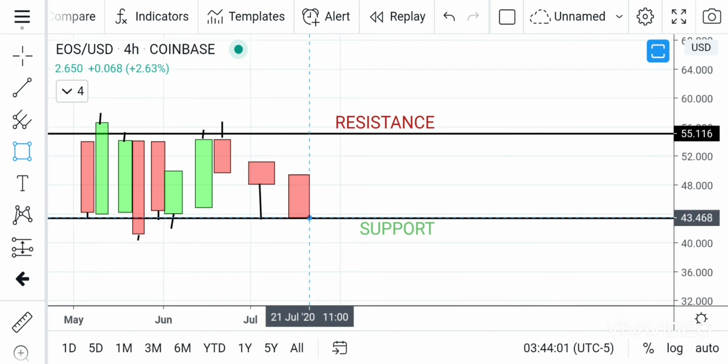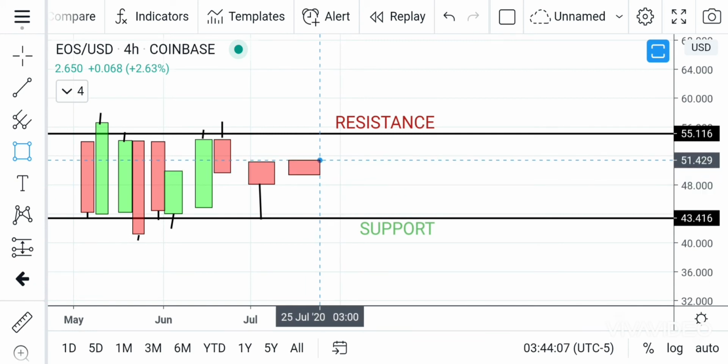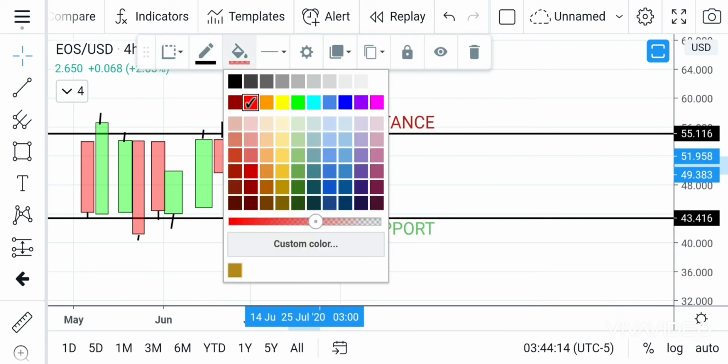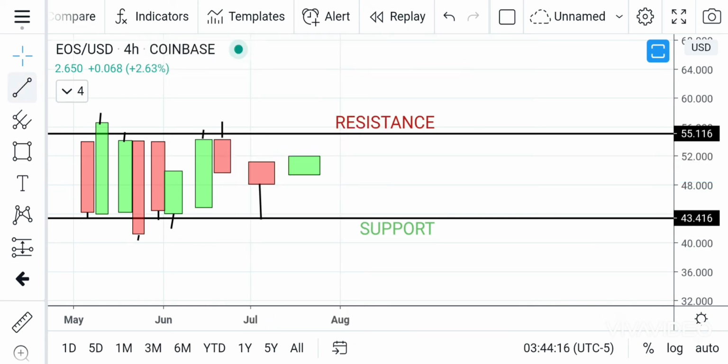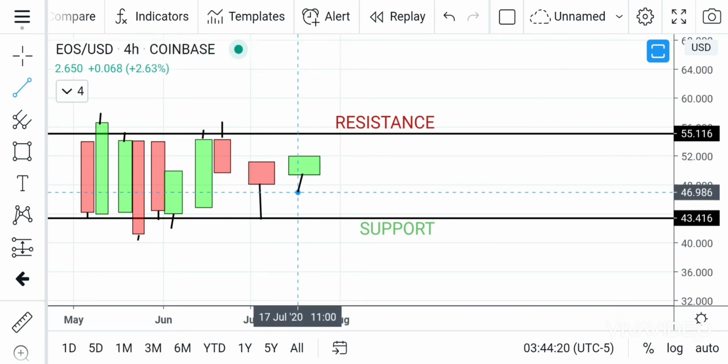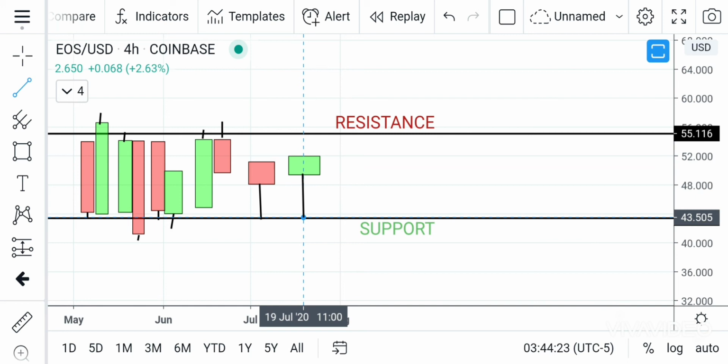Once it gets to $3, buyers at around support start coming in and they push the price up above $3, let's say to $4, and you have the candle close, and it's going to turn green because the buyers were able to push the price above the opening price.